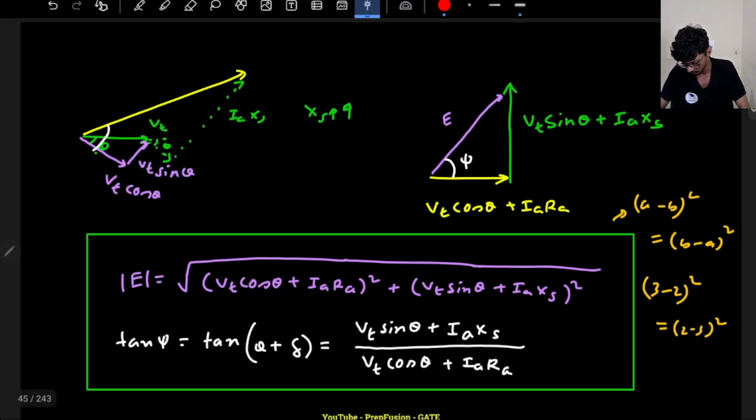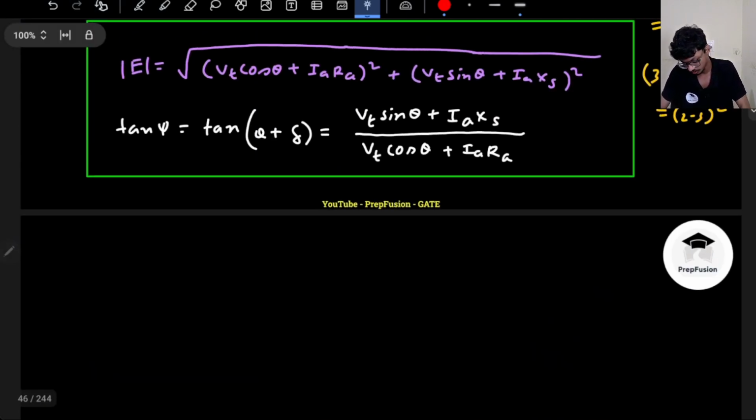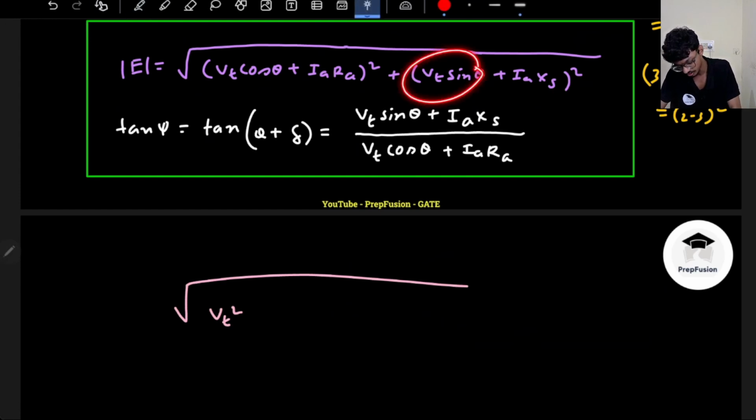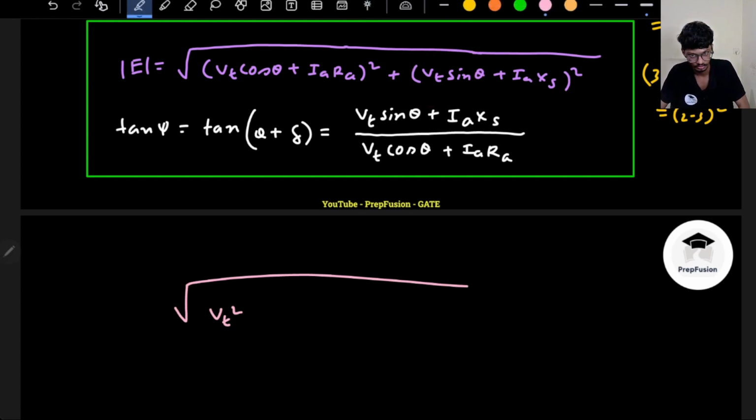So I want to do some mathematics here. If I break it down, this will be Vt whole square cos square theta plus Vt whole square sin square theta, so ultimately that will become Vt square only, since sin square theta plus cos square theta is 1.